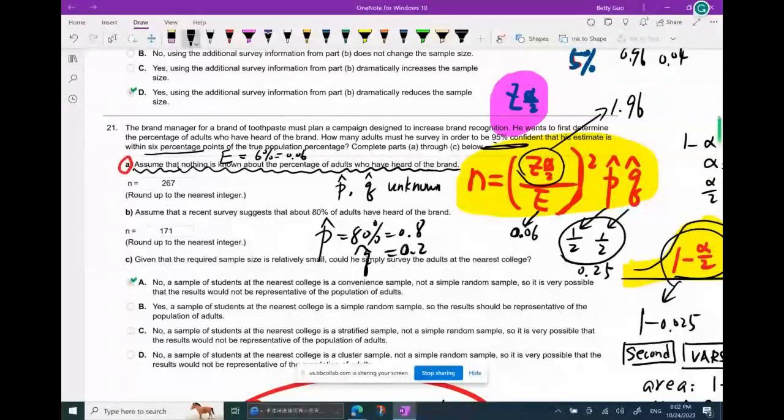Then when you enter the values into this formula to find the value of n, it's going to be 0.8 times 0.2, multiplied together, you have 0.16. Let's do it again. We have 1.96, that's the critical value, divided by the margin of error 0.06, and we get a quotient, then raise the quotient to the power of 2.